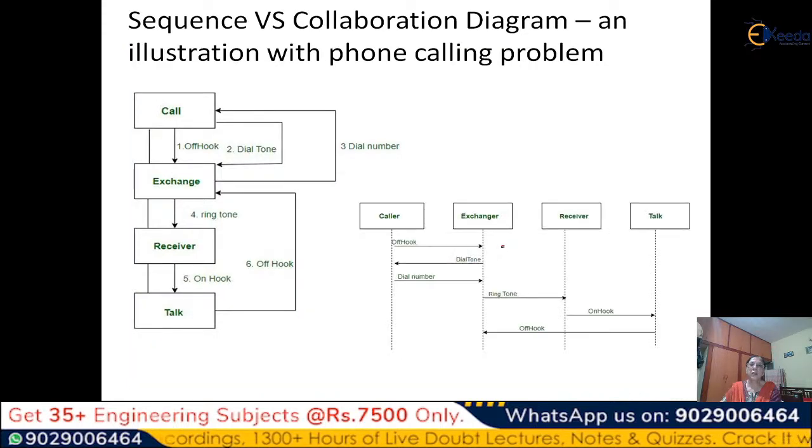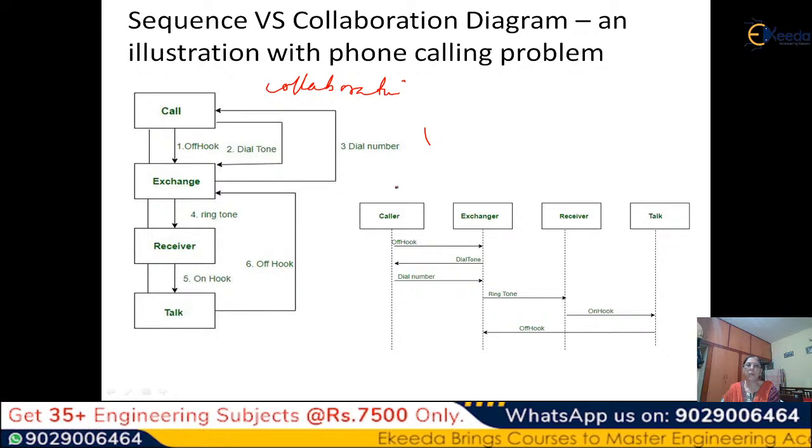This is just an example I could get from somewhere, where the same receiver, call, exchange, talk system is written in a more elaborate way in a collaboration diagram. This is your collaboration diagram, and the same one is written in terms of a sequence diagram.